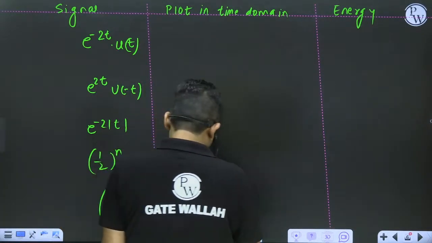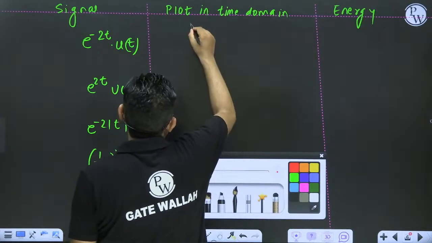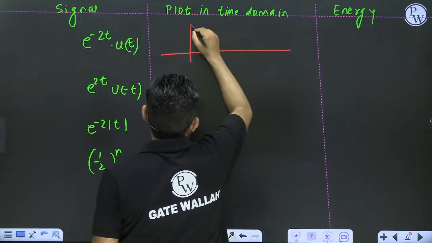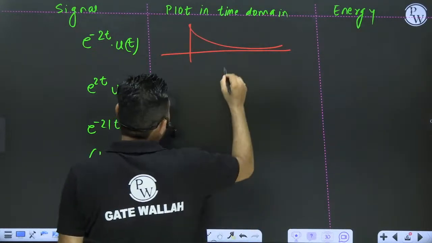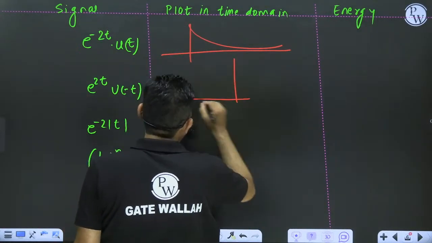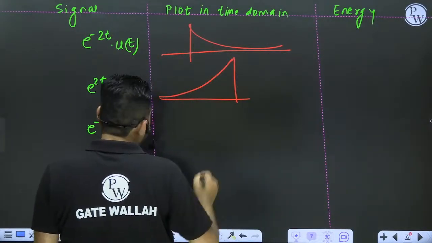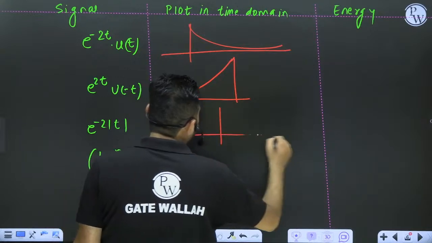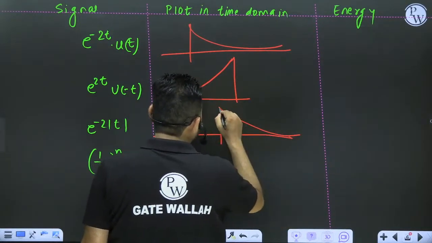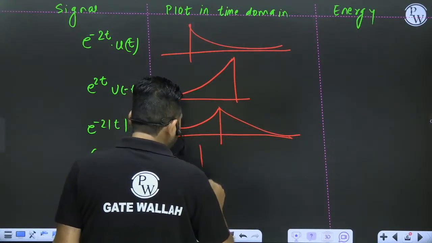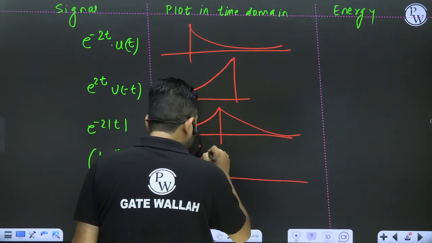Let's make a quick diagram here. e to the power minus 2t u(t), you know that it is a curve which looks like this. e to the power 2t u(-t), the curve. e to the power minus 2|t| is a curve which looks like this. (1/2)^n u(n) is a curve which looks like this.